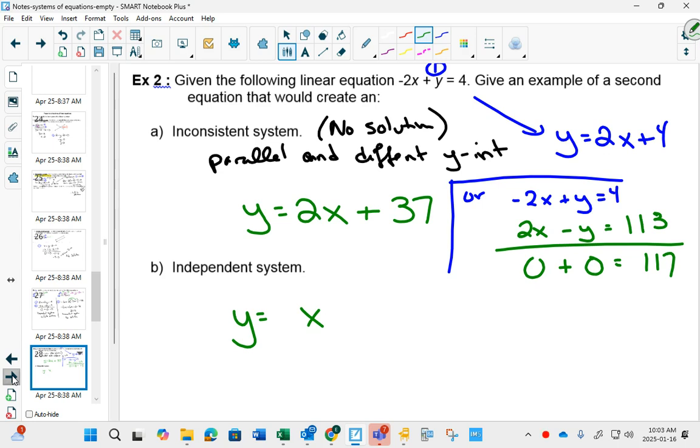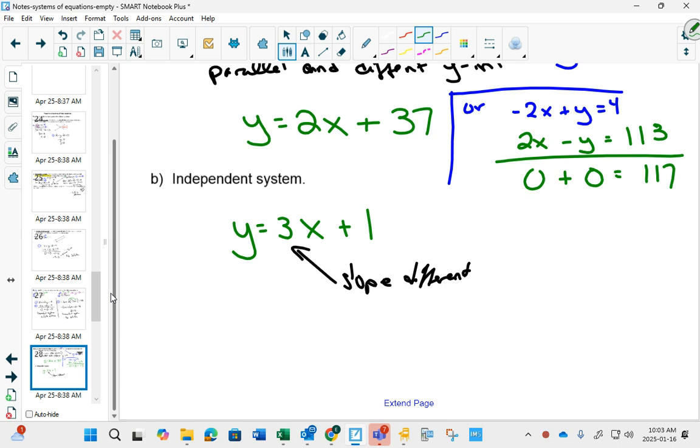So what would be a number in front of the x that would make it not parallel? Any number other than 2. 3x plus anything. As long as your slope is different, you're going to be fine.